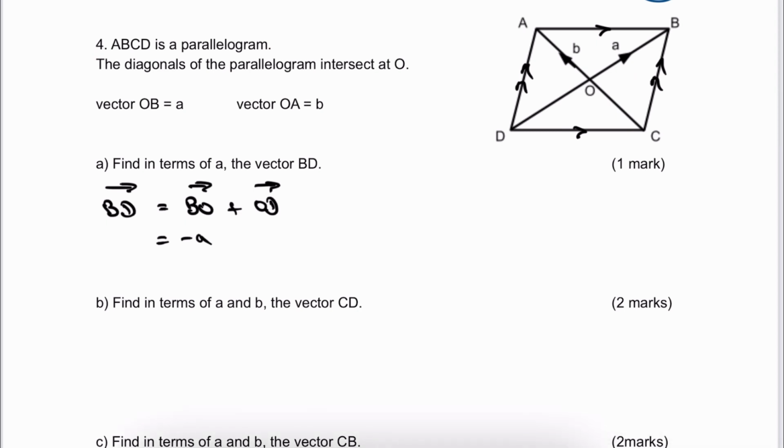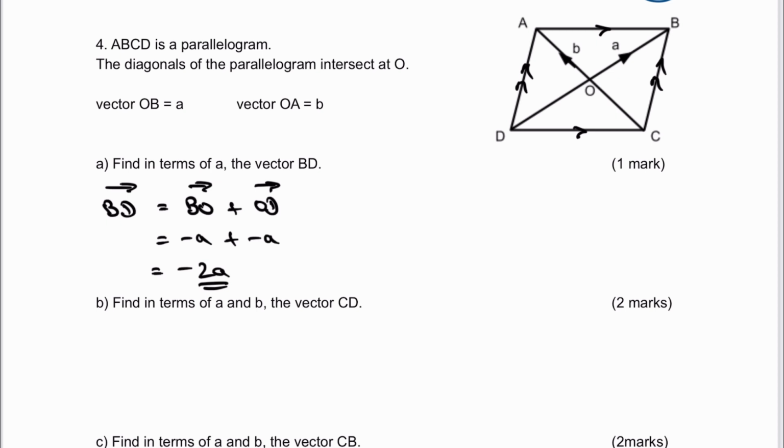I'd have minus A. Now the other thing is, because it is a parallelogram, then actually OD is also minus A. So therefore I can say that's going to be plus minus A for OD. Therefore vector BD is going to be minus 2A, and that would be the answer to the first question.